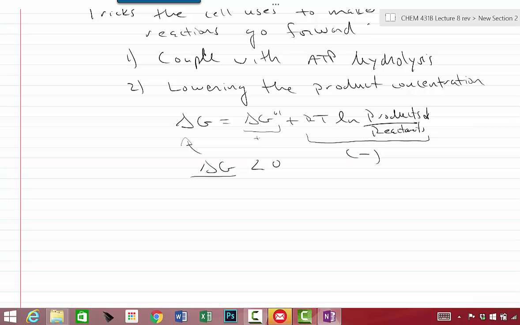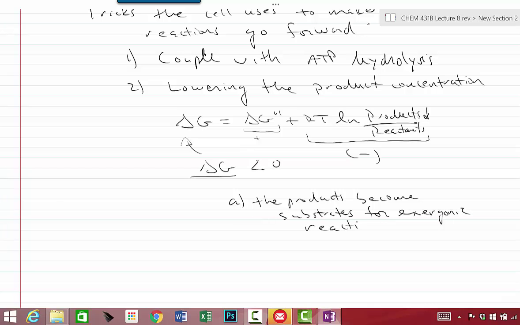What are some of the ways to lower the product concentration? Well, A, the products become substrates for exergonic reactions.